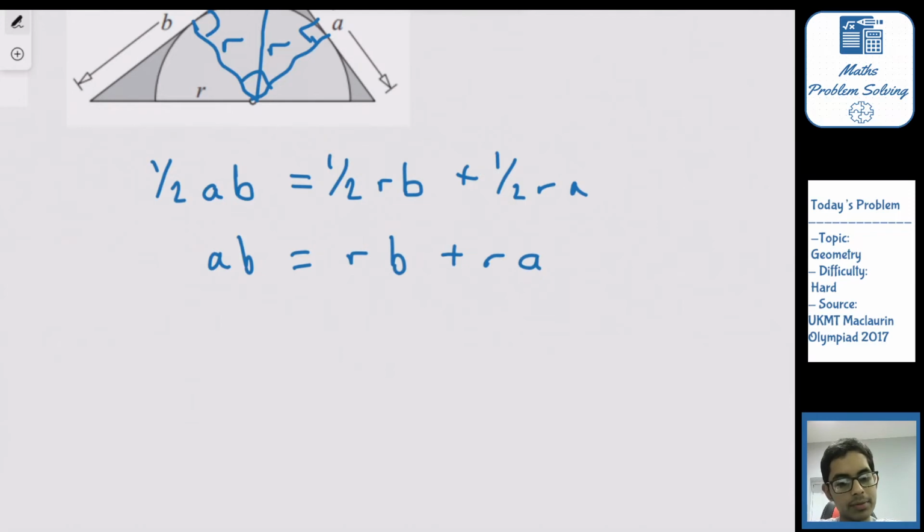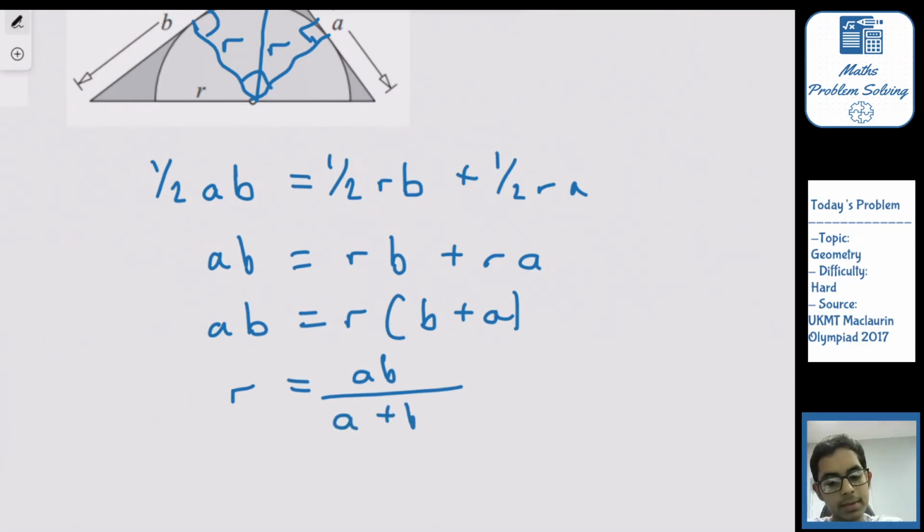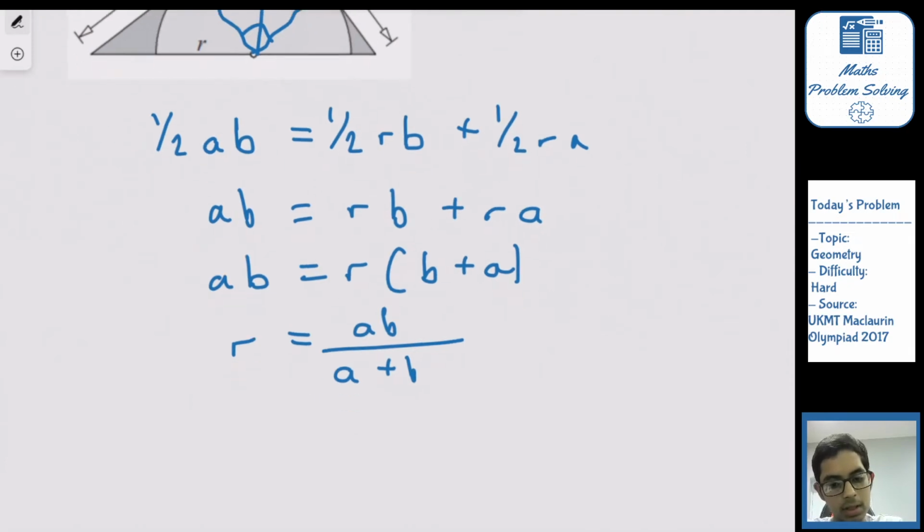And we need to prove that 1 over r equals 1 over a plus 1 over b. So let's just rearrange for r, I guess. So we can write this on like this, and therefore we'll divide both sides by a plus b. So we get r equals a times b divided by a plus b.